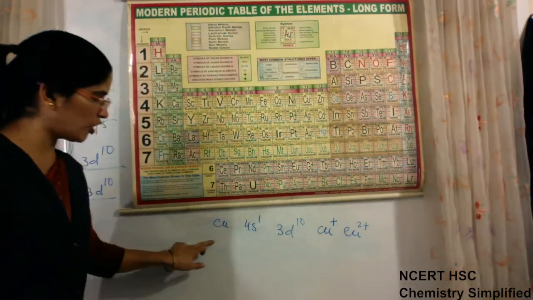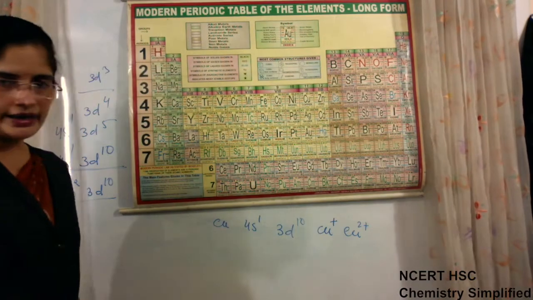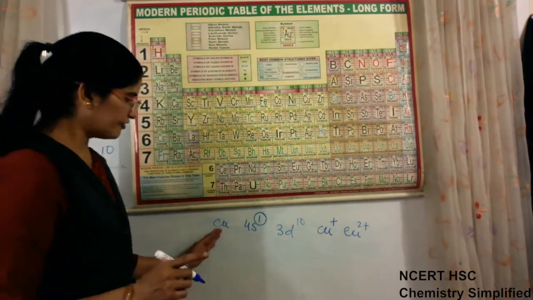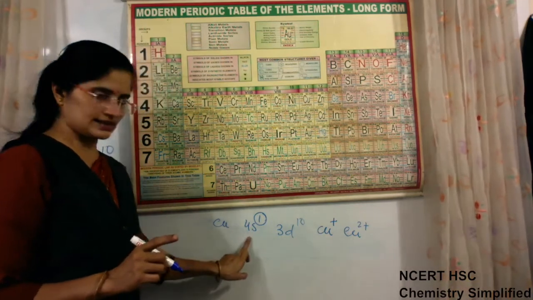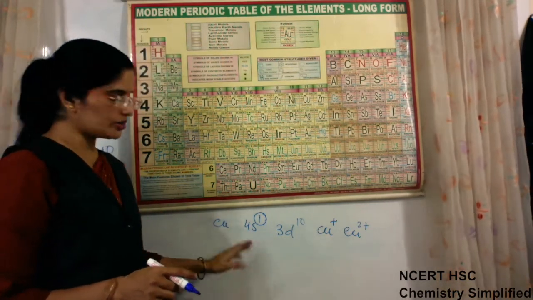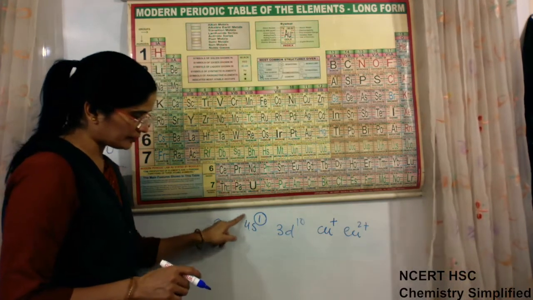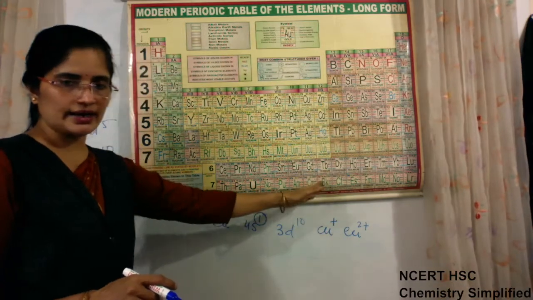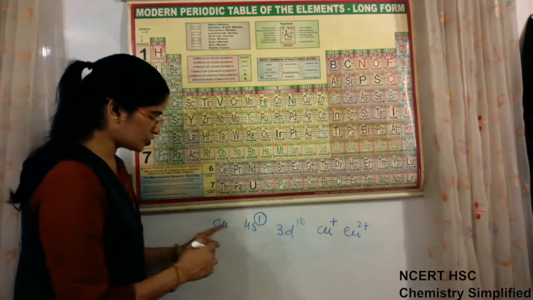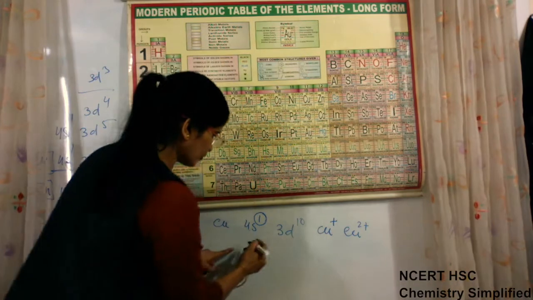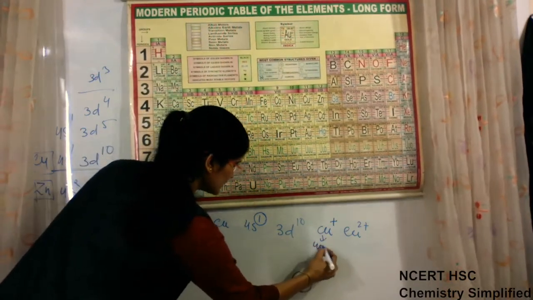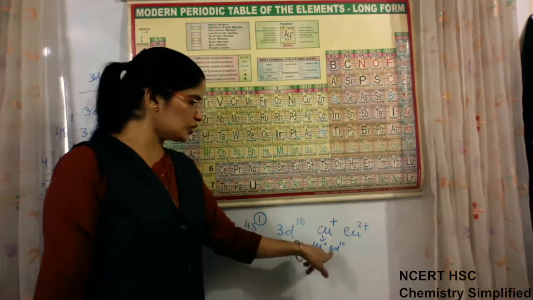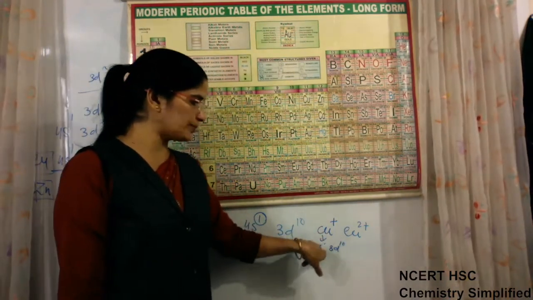When copper forms Cu1 positive, electron will be lost from where? From S. I told you that filling of d takes place before s, but when electrons are to be removed, they will be removed first from the outer shell. 4 is outer to 3, so it is built outside in the atom, and the electron will be removed from it. So Cu1 positive will have configuration 4s0, 3d10. In this condition also it has a completely filled d orbital.